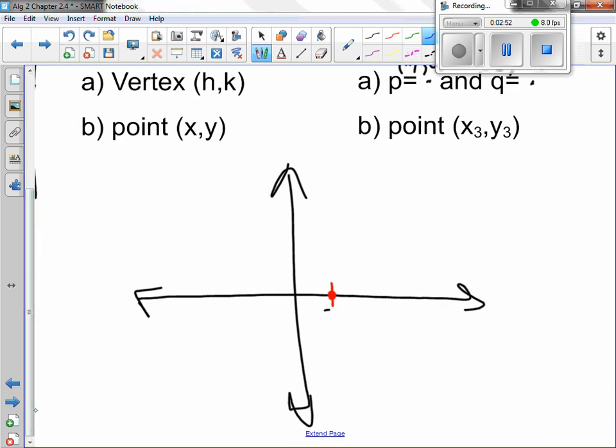Let's go back to this here. If they give us a vertex and a point, there's only going to be one parabola that will go through that point and have that vertex. Because as soon as we have a point, we've restricted what the equation can be. That's why we have a point.